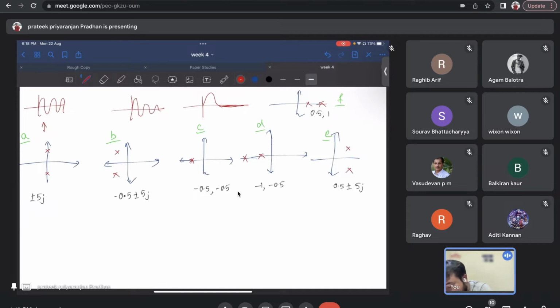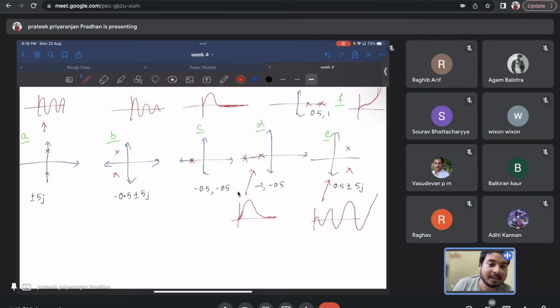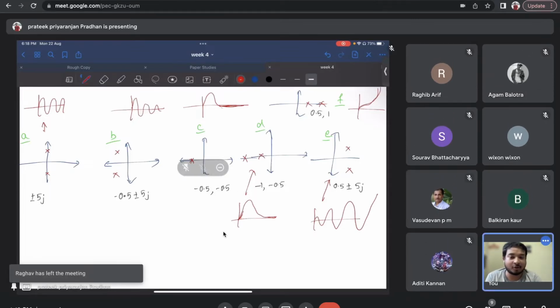This had the similar behavior but at a slower rate. And this exploded like this, and this also, you can verify, this will also go beyond. Am I clear? Is this concept clear?